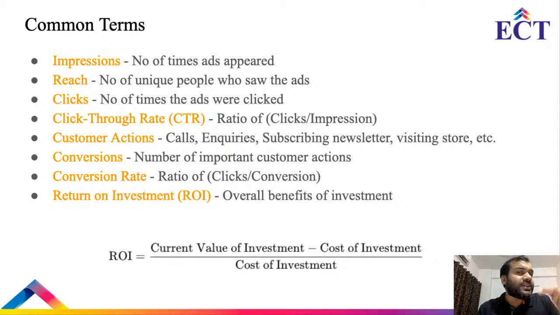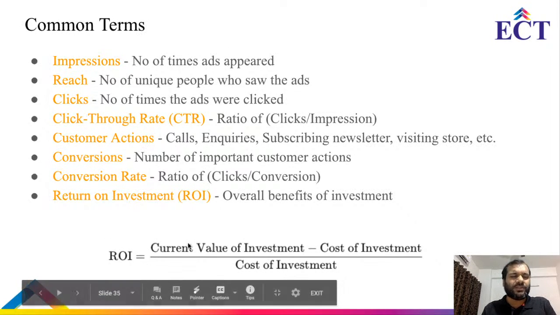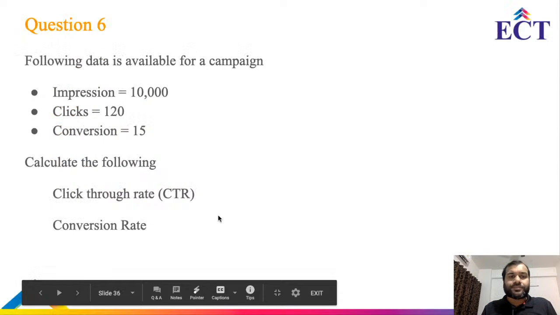So as long as ROI is positive, you can invest in marketing because you simply have to sell the product. You already have the product. The formula for this is current value of investment minus the total cost that you've invested, divided by the cost of investment. This is just a mathematical formula to calculate ROI.